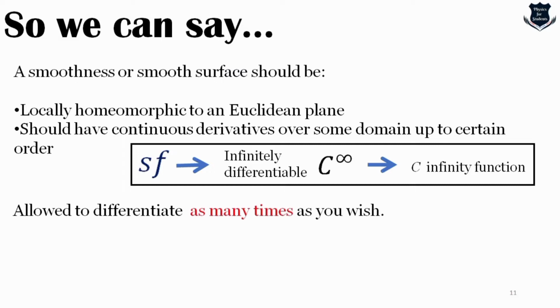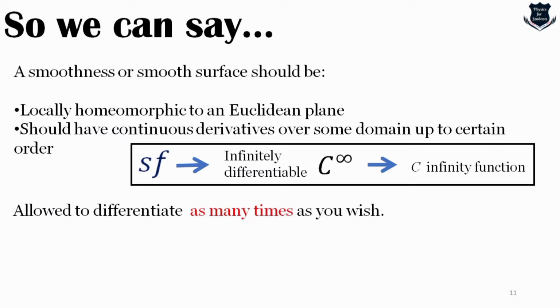Let me show you an example. It means that we are allowed to differentiate as many times as we wish. Very important: a smooth function should be infinitely differentiable, which is called a C-infinity function, and we can differentiate it as many times as we want.